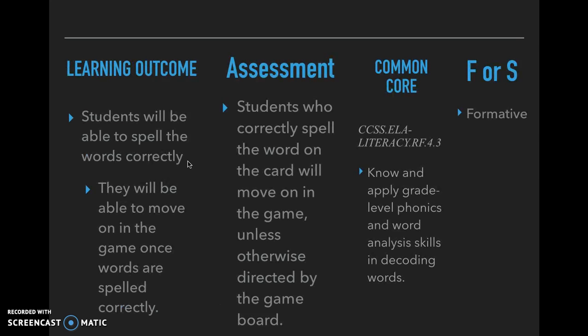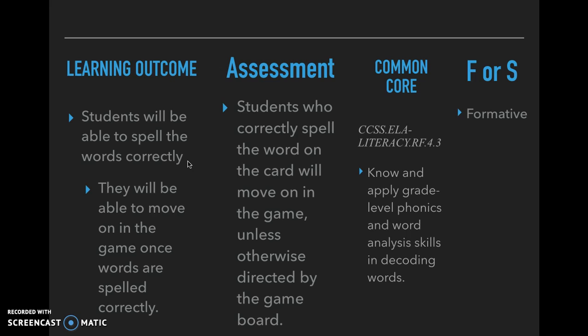The learning outcome would be that students will be able to spell their words correctly, the words that are said aloud to them in the game. I'll go over the rules with you on the board game in a few minutes. If they don't spell a word correctly, then they will not be able to move forward in the game.